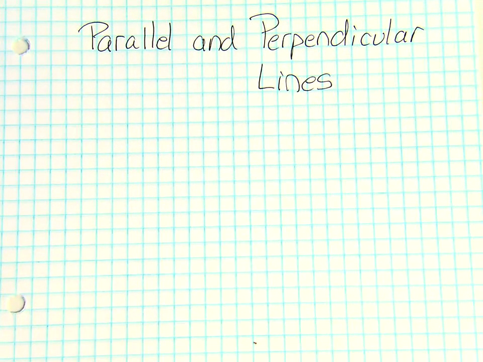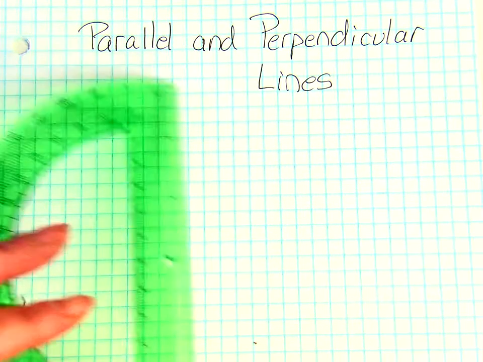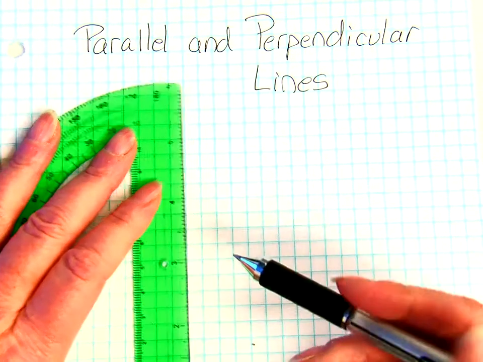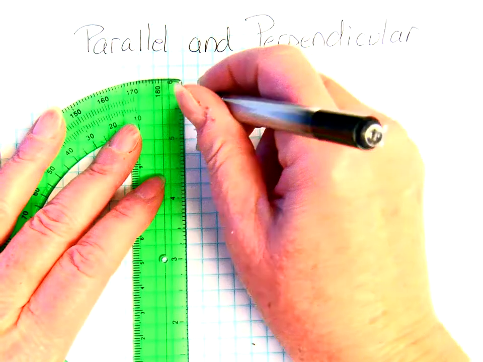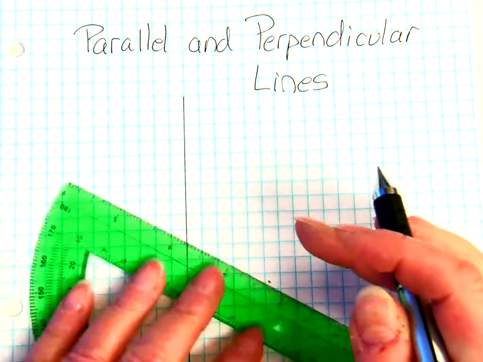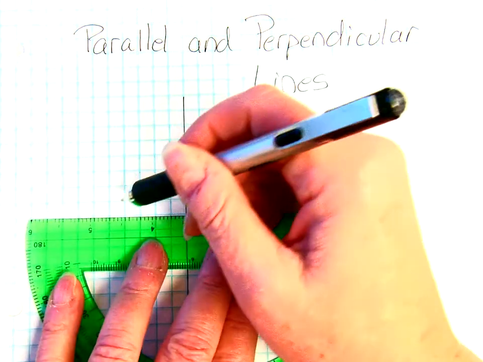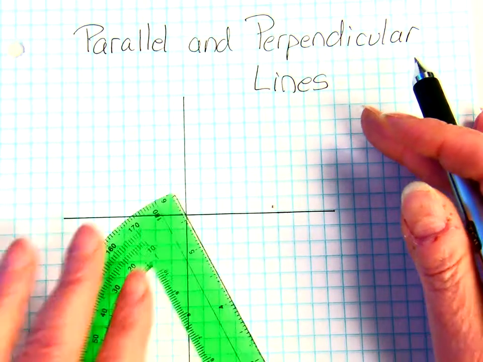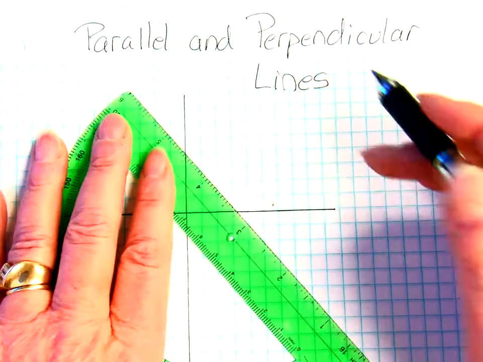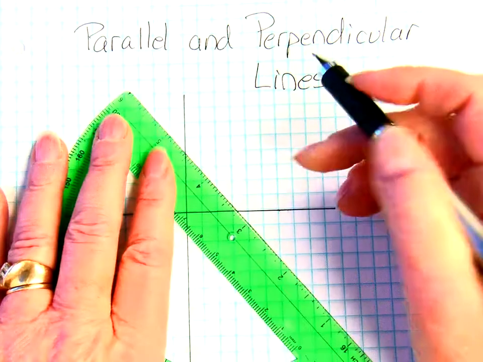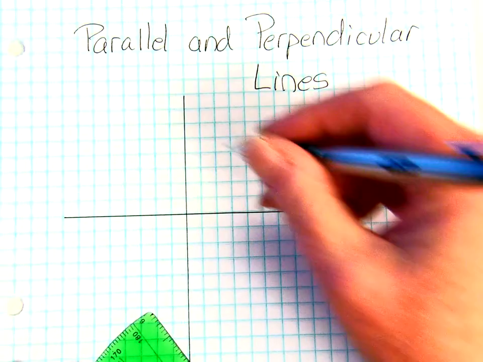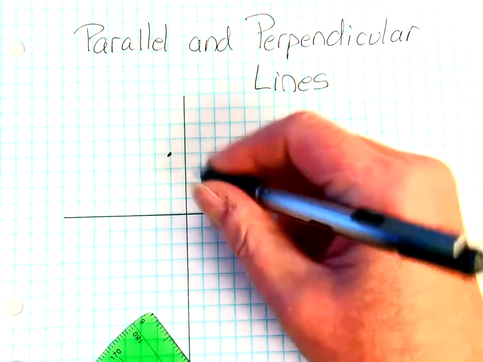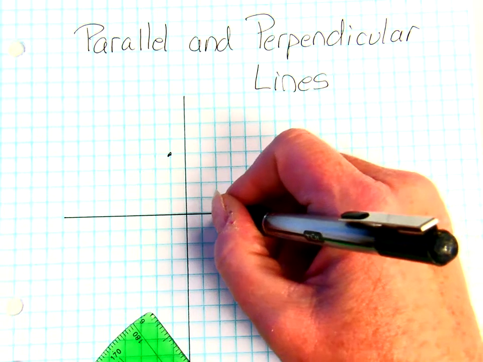So when we are talking about the coordinate plane and we have parallel lines, let's go ahead and draw ourselves a little coordinate plane here. Here is my lovely coordinate plane, and I'm going to draw myself a couple of lines. We're going to put a dot there, and a dot here.